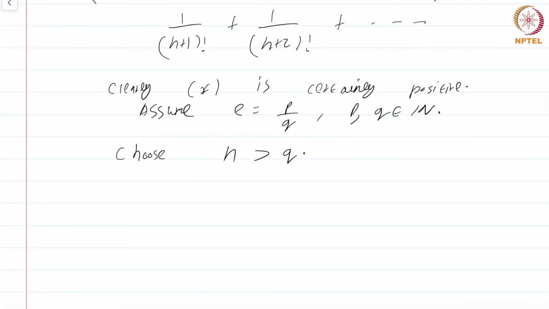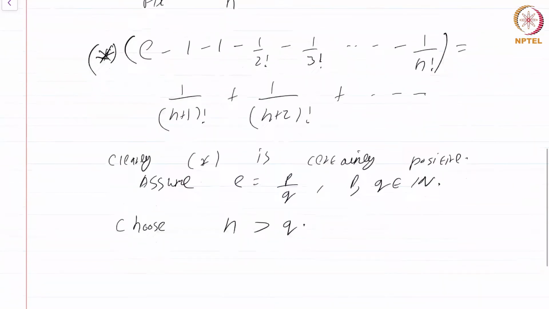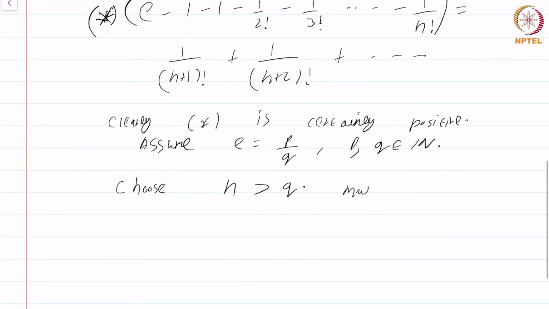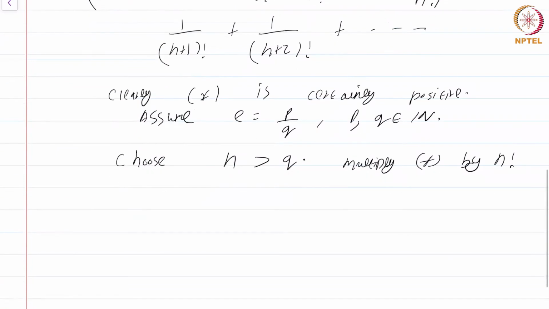Now what I do is I multiply star by n factorial. So I get n factorial times e, which is just p by q in our new notation, minus n factorial times 1 minus 1 minus 1 by 2 factorial dot dot dot minus 1 by n factorial.